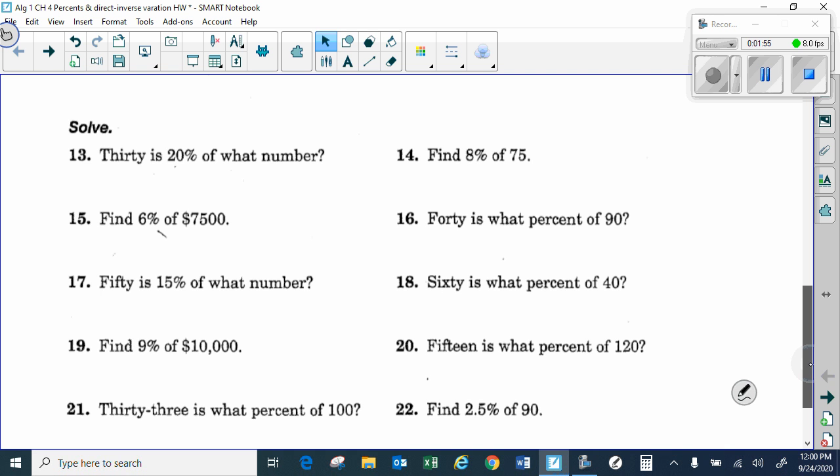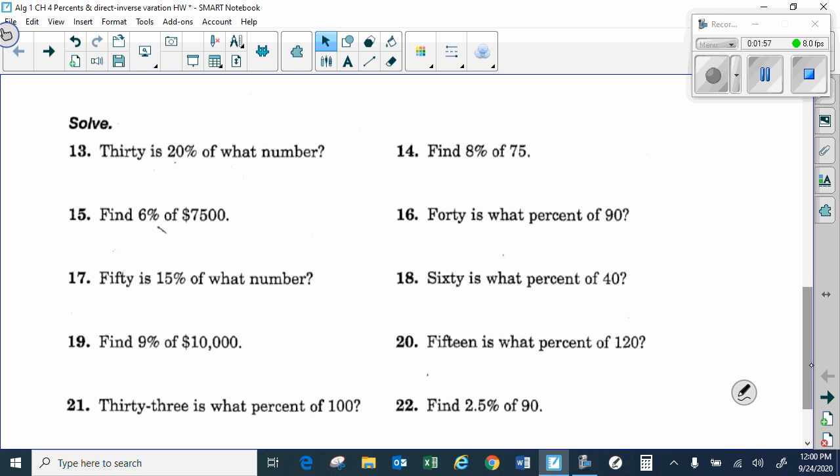Okay, let's go ahead and do 13. 30 is 20% of what number? We change 20% to a decimal, 0.2, "of" means times, what number? X, or whatever variable you want to use. So that means divide by 0.2 on both sides.